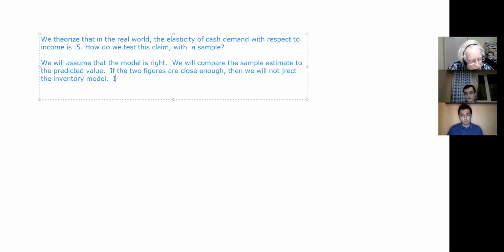On the other hand, if they are very different, then we will reject the inventory model. That's the basic idea. Okay, so far?